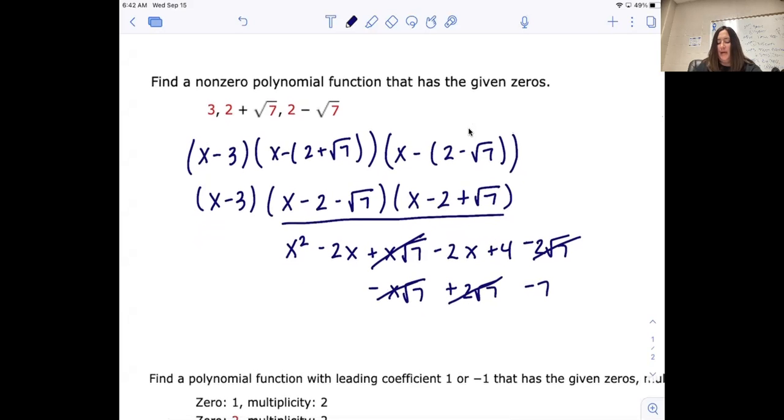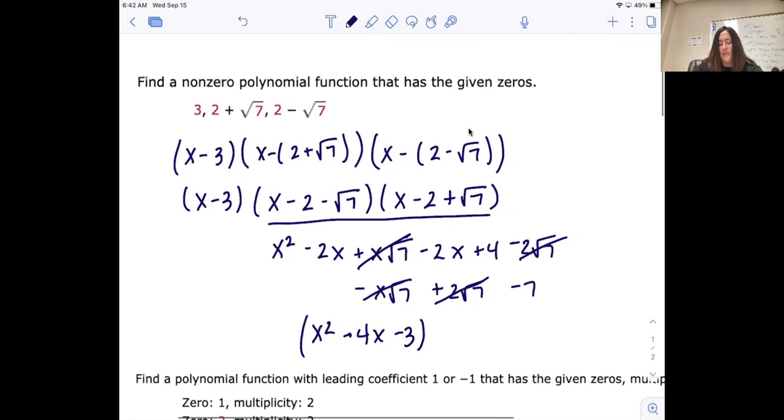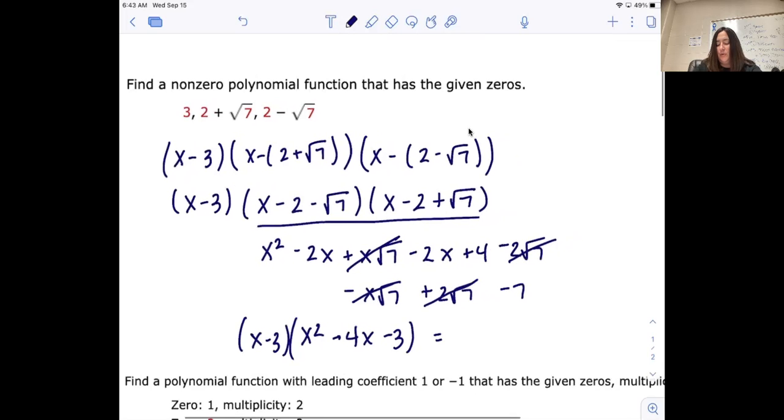So when we combine this, we would have x squared minus 4x, and then I'm going to have a minus 3. Now, we also still have to multiply that by the x minus 3. So distribute that. So this is going to give me a cubic. If I have 3 solutions, I have a cubic.